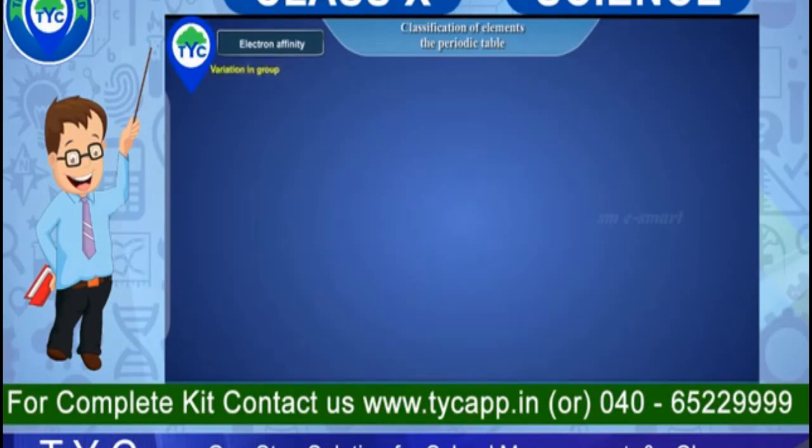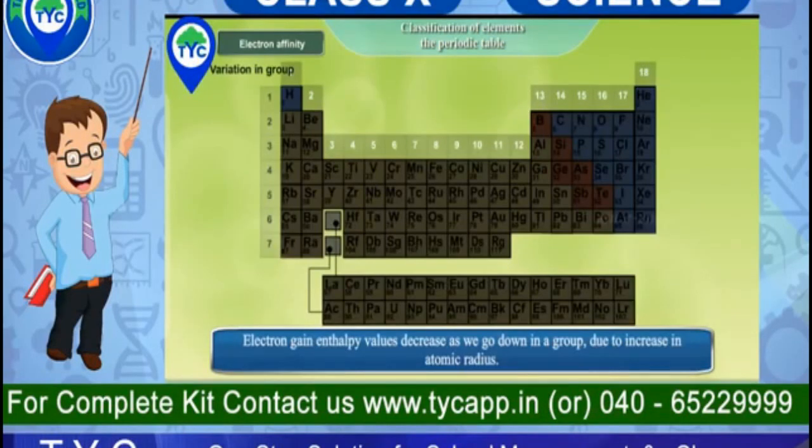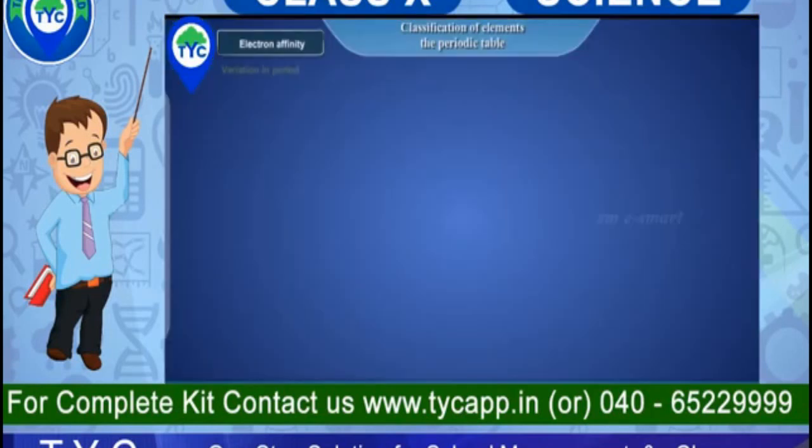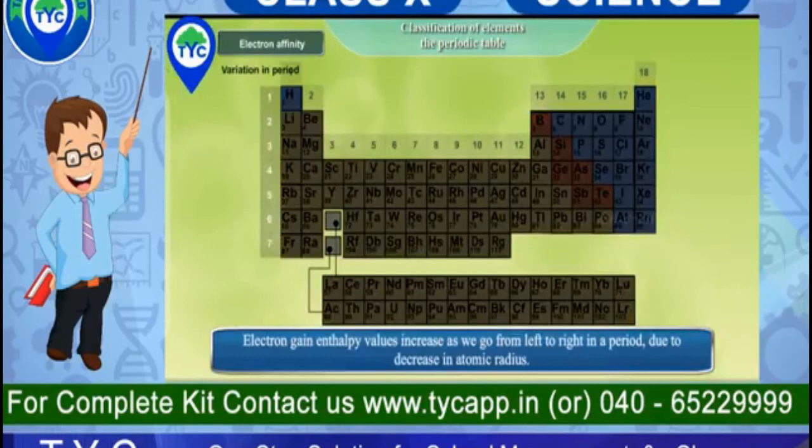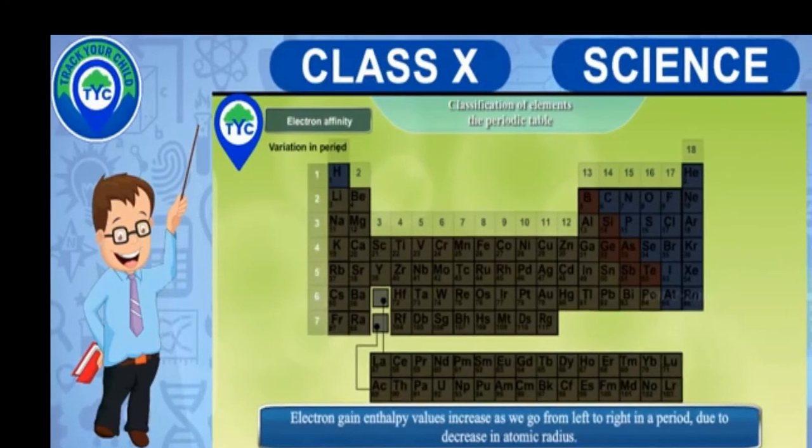Variation in group. Electron gain enthalpy values decrease as we go down in a group due to increase in atomic radius. Variation in period. Electron gain enthalpy values increase as we go from left to right in a period due to decrease in atomic radius.